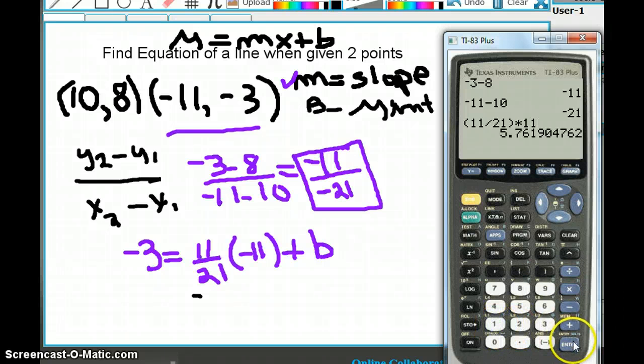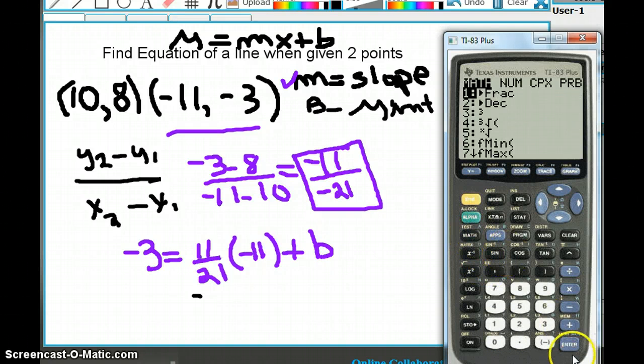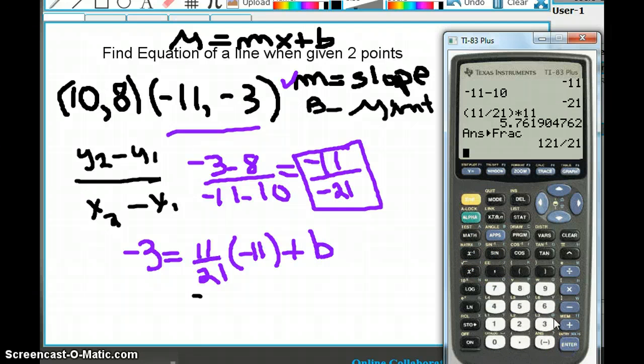And of course, you're going to get a decimal. But if you have a graphing calculator, you can hit the math button and enter twice. It will change it to a fraction. Okay? So we can use the fraction, but in this case, it may be a little easier just to start with the decimal and in the very end to change it back.